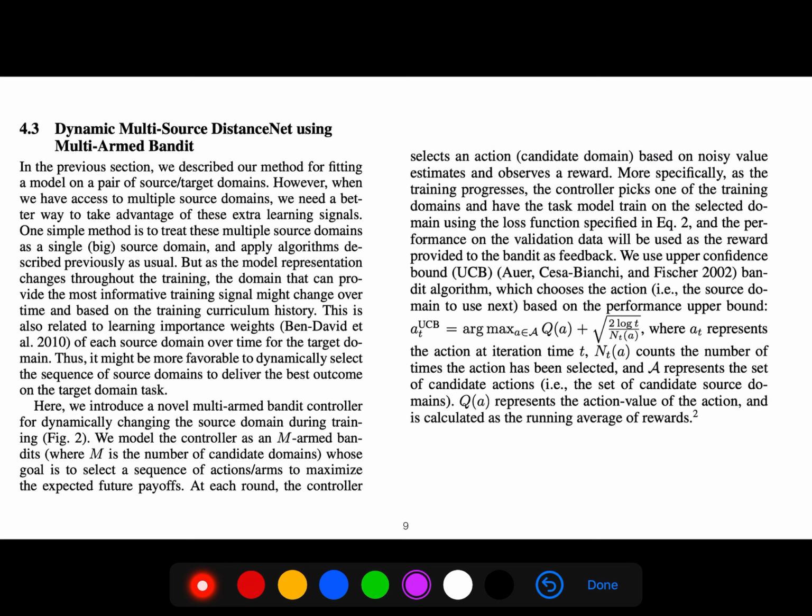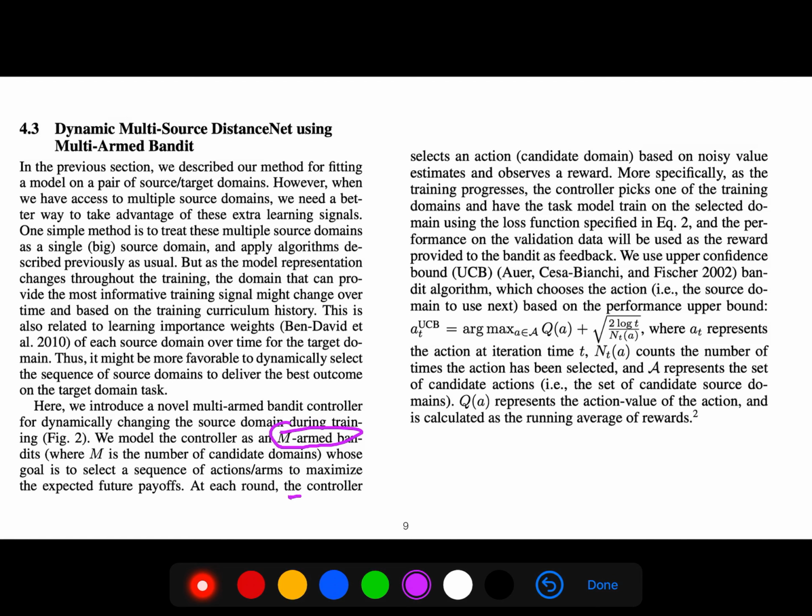And then we introduce a novel multi-armed bandit controller for dynamically changing the source domain during training. We model the controller as an M-armed bandit whose goal is to select a sequence of actions or arms to maximize the expected future payoffs.